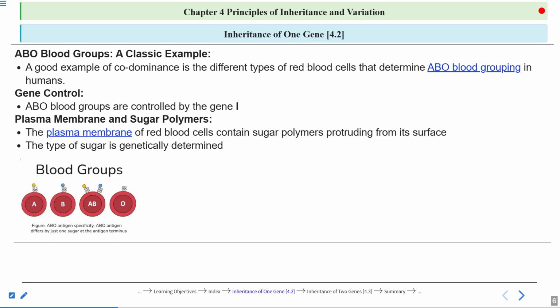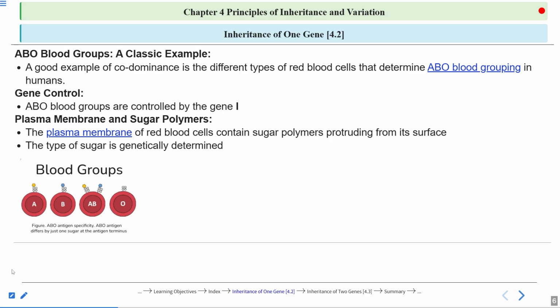The structure with these four circles is known as the H antigen, and the difference is only in the terminal sugar. In case of A, it is the yellow sugar, and in B, the sugar is shown as blue colored, and in AB blood group, both these sugars are present.